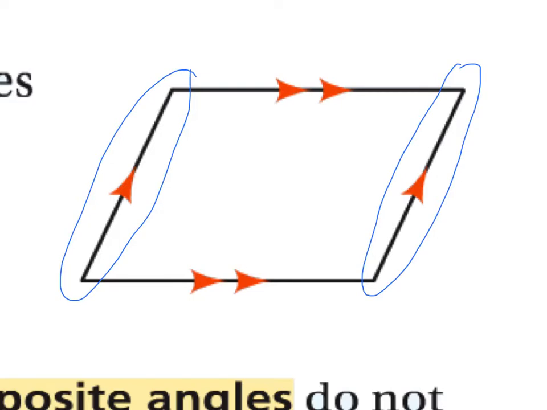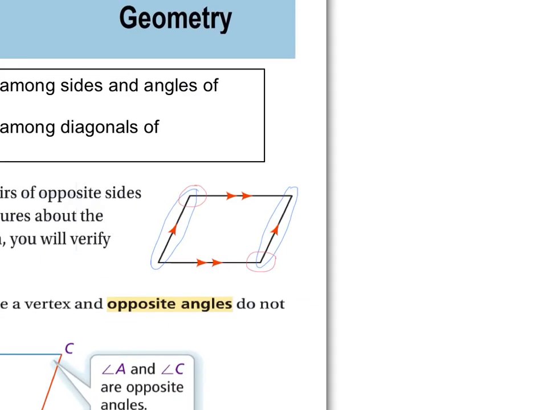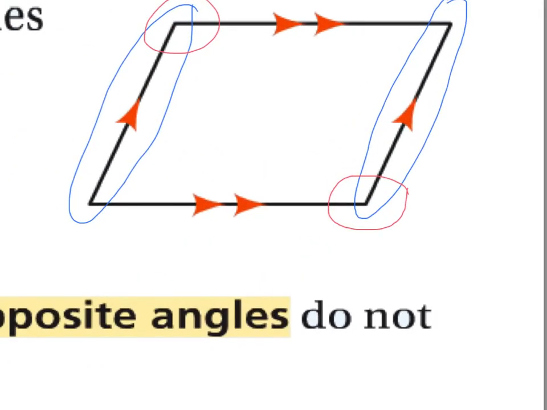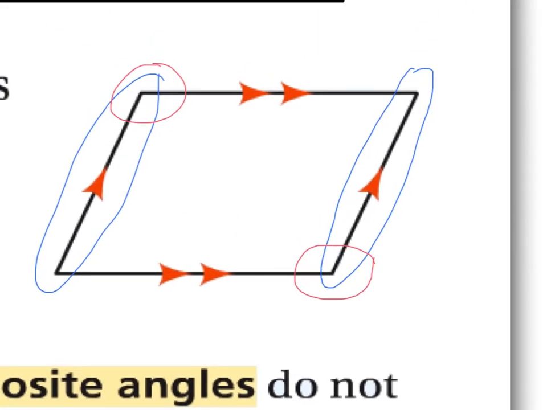And opposite angles, which I'll circle in red right here, do not share a side. This angle down here in the bottom corner shares these two sides. The angle on the top shares these two sides, and you'll notice those two sides are not the same. So they do not share a common side.